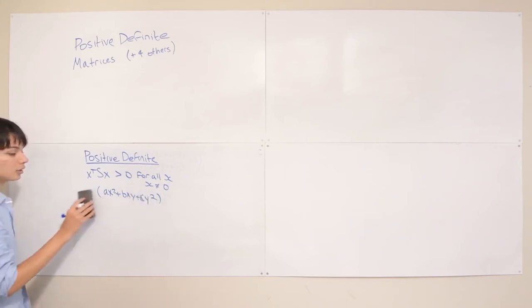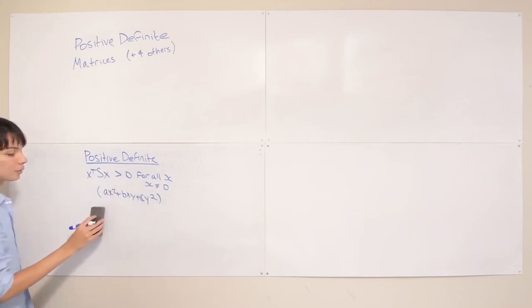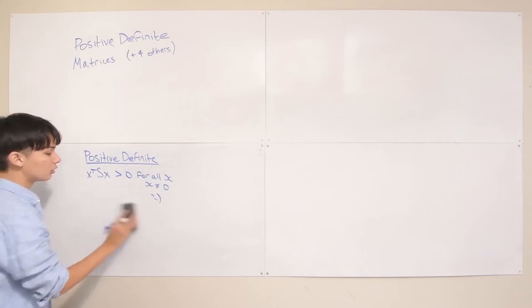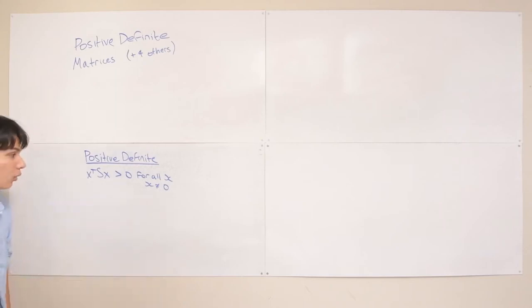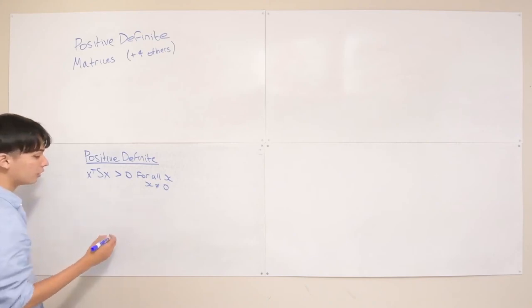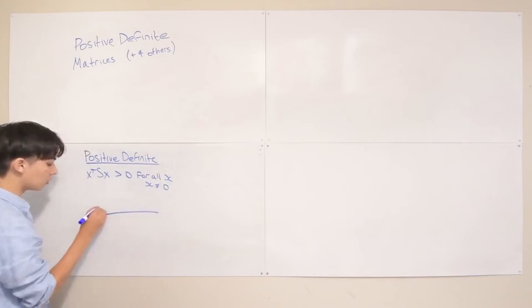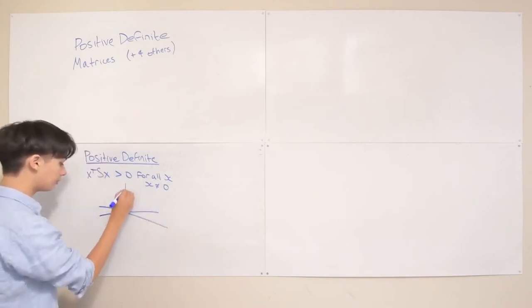So let's graph this quadratic polynomial when S is positive definite. We know that quadratic polynomial has to be greater than 0 for all values of x and y except for x and y equals 0. So we can draw it in 2 dimensions, and it's going to look something like this.